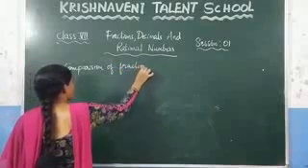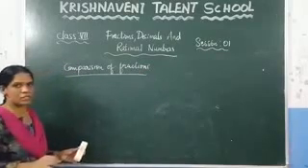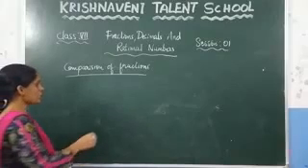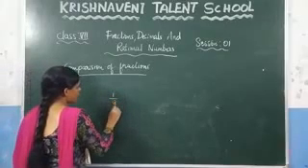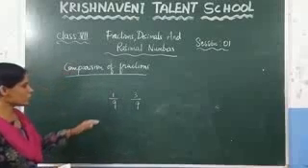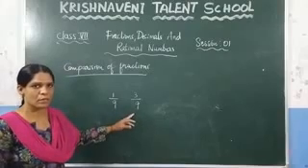How do you compare two fractions? That means if you are given any two fractions, how can you check which fraction is the bigger one? Suppose consider 1 by 9 and 3 by 9. Here you can observe that these are like fractions because the denominators are the same.